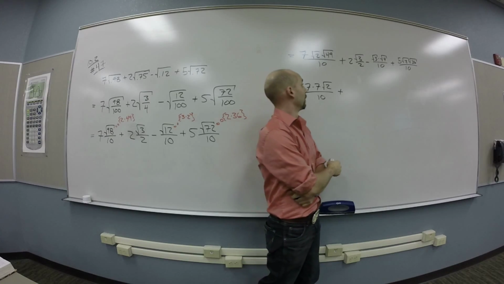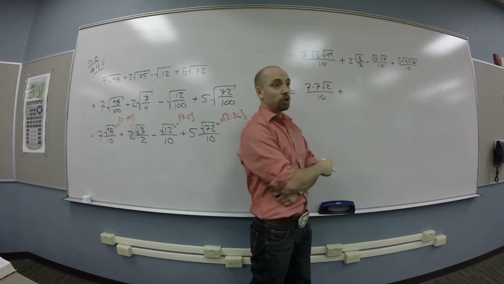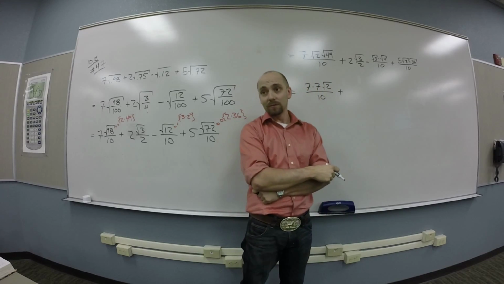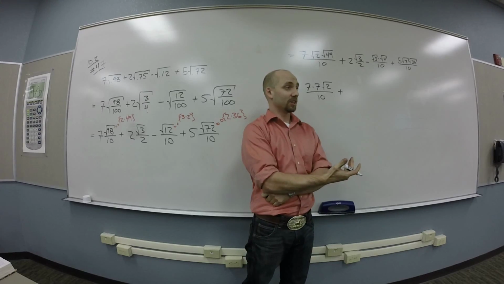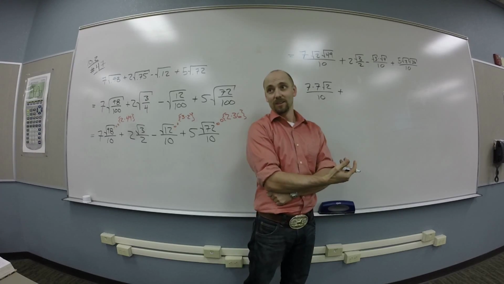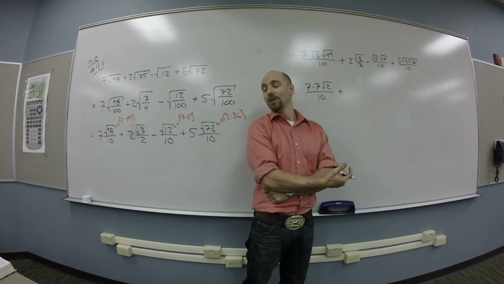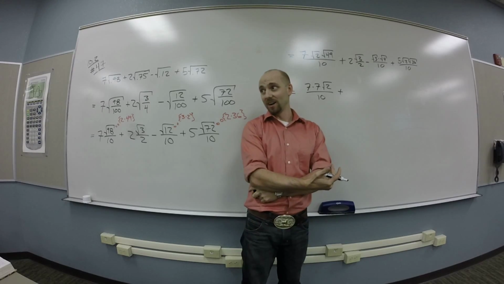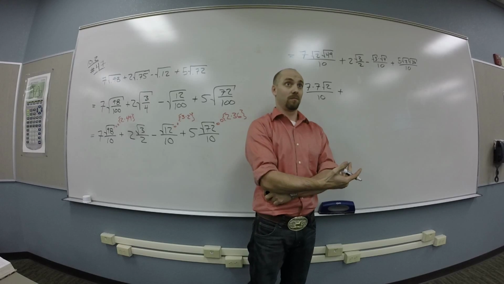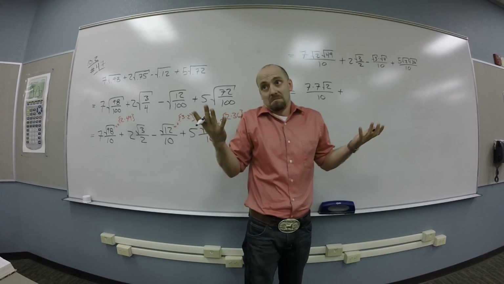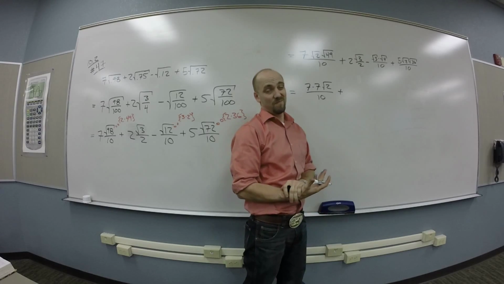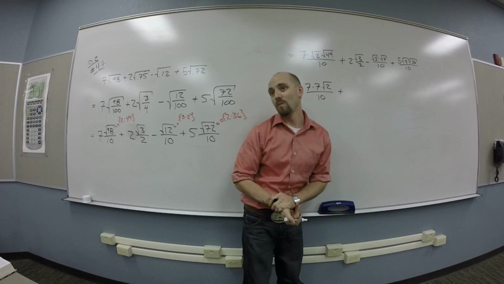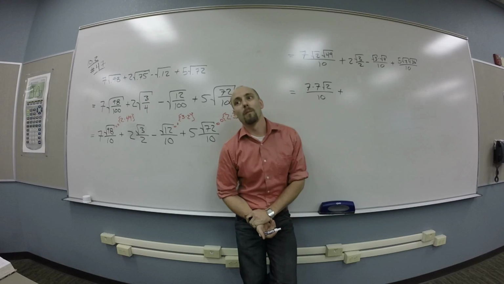Common bottom for that too. Okay, so I could try to get it over the common bottom of 10, right? Or I could cancel the 2's. You get this choice here. Or you could have just kept it under the common bottom of 10 to begin with. It would have been 2 times 5 root 3 over 10.